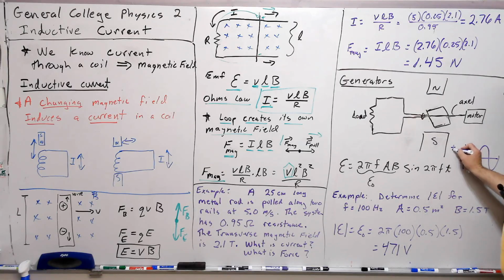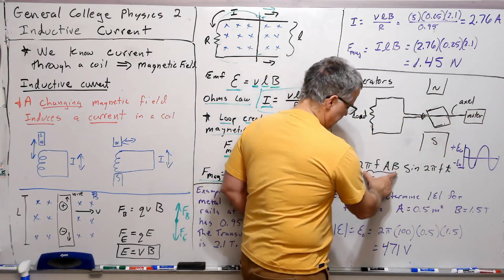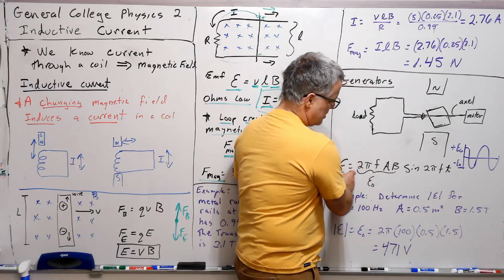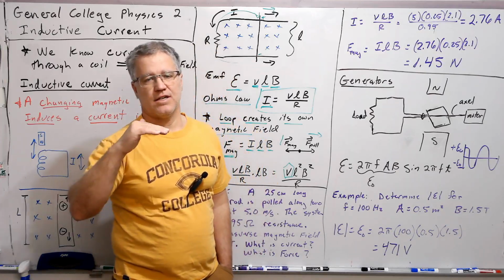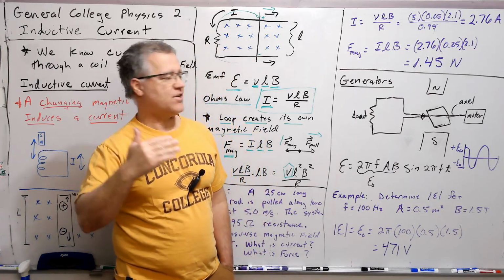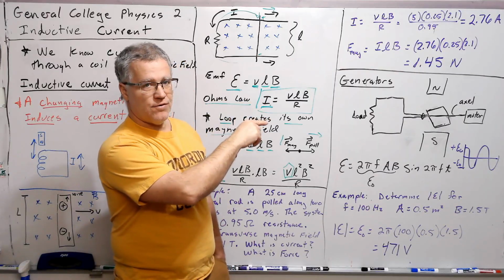So we get a plus E naught down to a minus E naught. And so this E naught is the magnitude of this, and then it is what we call an alternating current. We haven't talked about current yet, but alternating voltage.